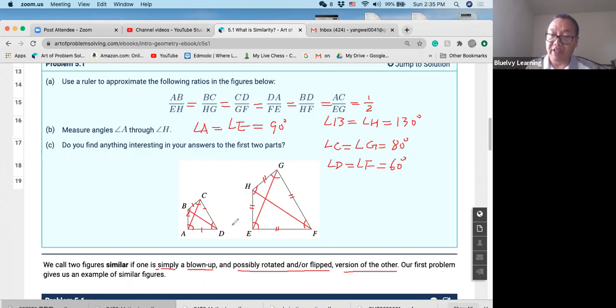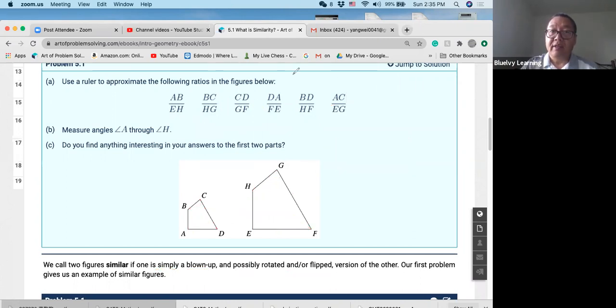After you rotate or flip it, if the two figures have the same shape, and their corresponding sides have the same ratio, that means these two figures are similar, okay?